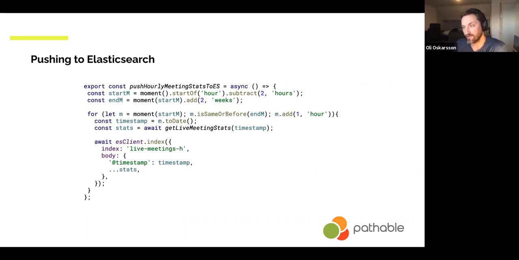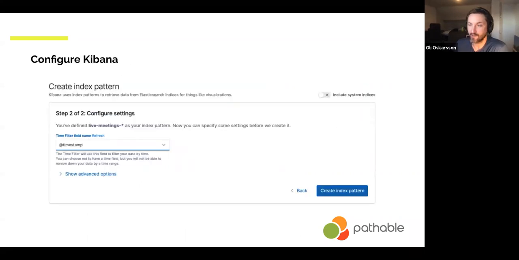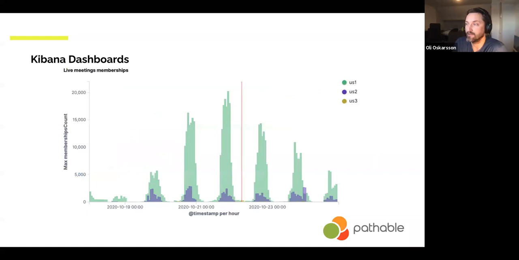Once you have it in Elasticsearch, in Kibana, so everything I'm showing from now on will be the GUI side of things, you can define an index pattern. You can choose your timestamp field. Once you've done that, the power of Kibana really kicks in, and you can visualize the data in any shape, way, or form. In this case, the red line is now, or at least when I took the screenshot.